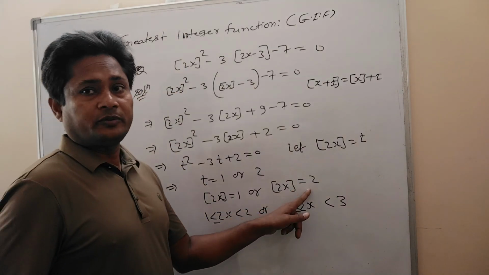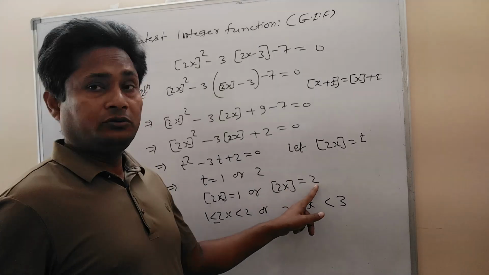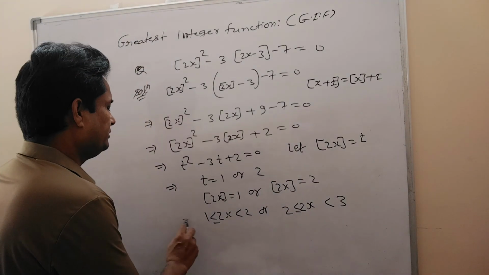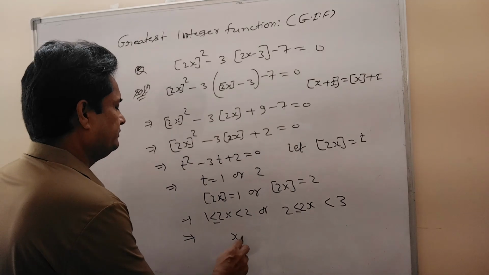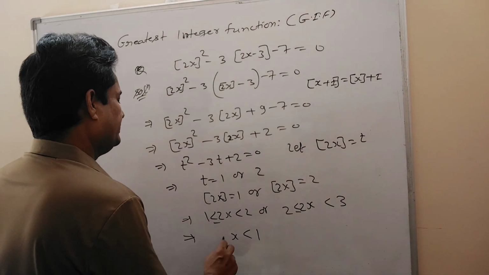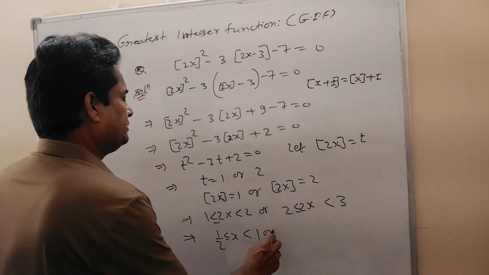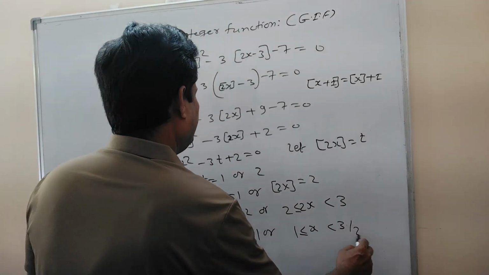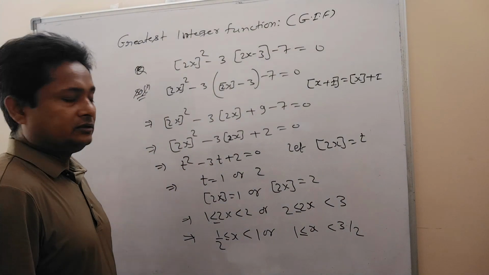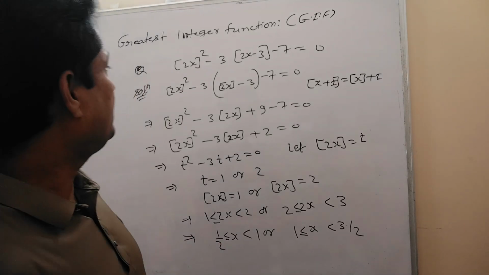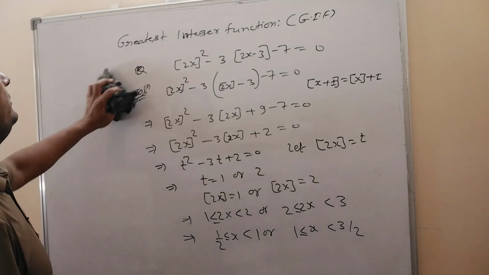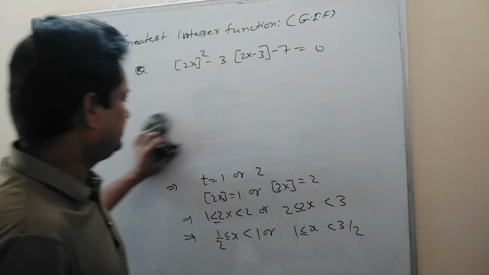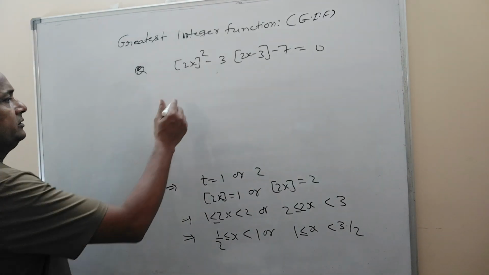We know this property: it gives you 2 when x lies between 2 and 3. So what will be the solution of this one? The solution will be x less than 1 and greater than or equal to half, or x greater than or equal to 1 and less than 3 by 2. Okay, this is our solution. Now take the union of both cases.